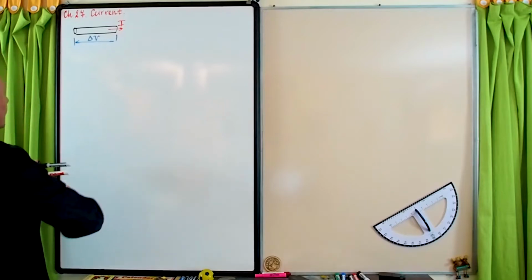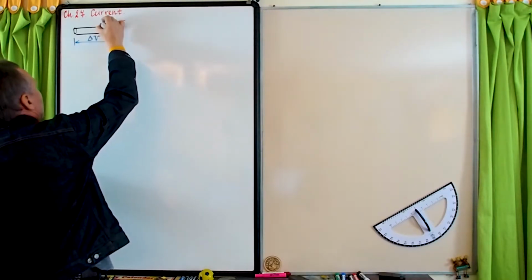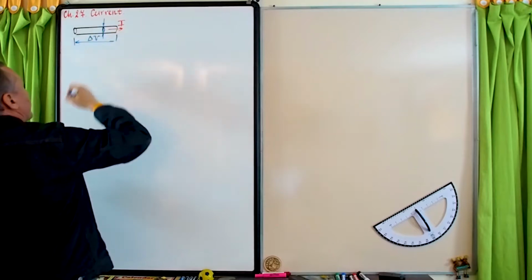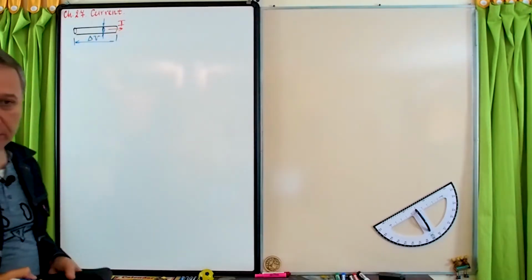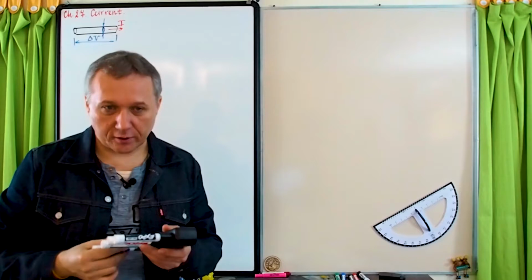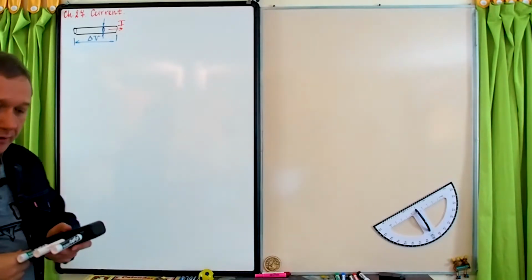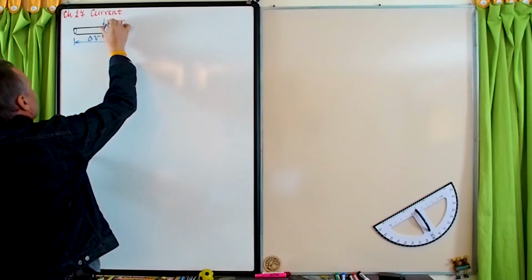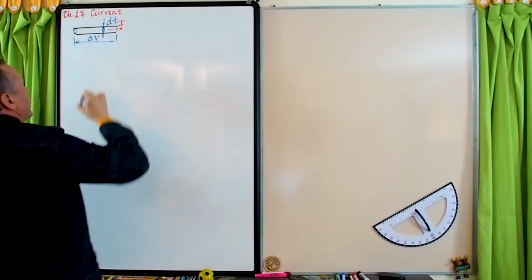So in order to define current, we have to pick a cross-sectional area, for example, over here, right? And observe how much charge flows through that cross-sectional area in a period of time, for example, infinitesimally short period of time, dt.